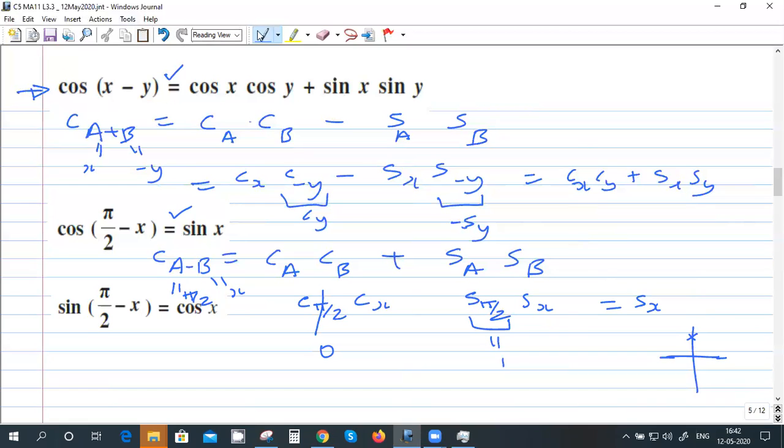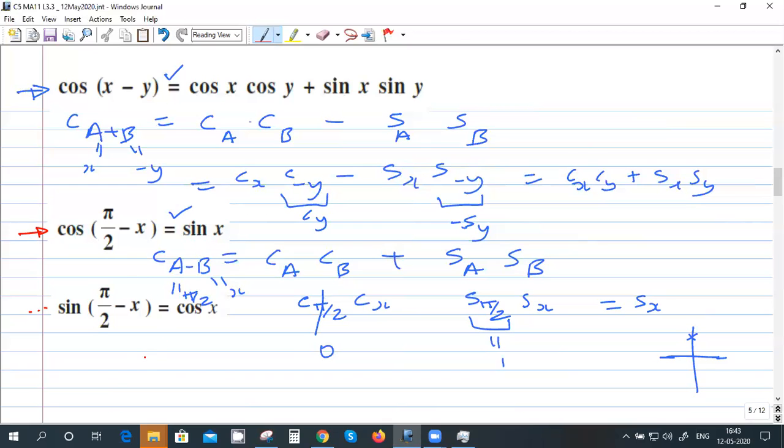How do you prove the next one? You have to get it from here. From this, you have to get this one. In this one, if you put x equal to pi by 2 minus x, you will get sin of pi by 2 minus x.